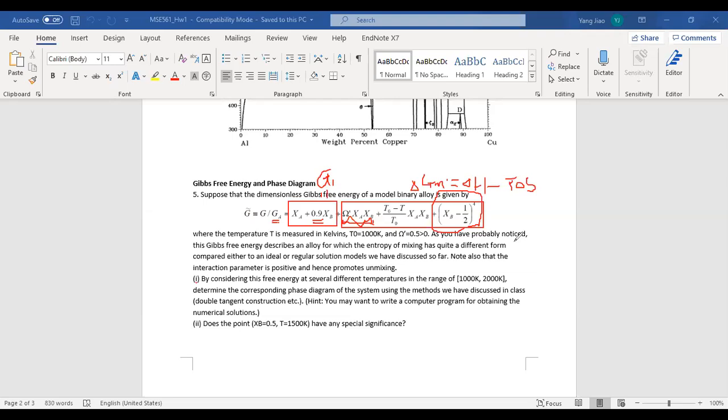T naught is a constant for this particular choice, but it's a scale. You measure this with respect to a scale, but the whole thing is dependent on temperature. If you divide the numerator by the denominator, it is 1 minus T. So the first part is 1 times XA times XB, which is not dependent on T. Only minus T XA XB.